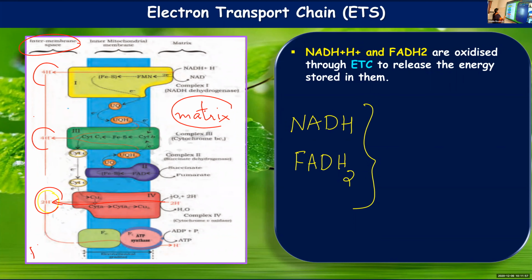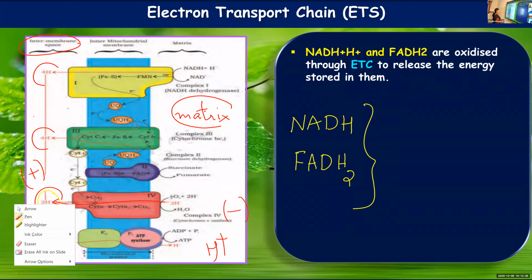There will be more concentration of protons or hydrogen ions in the intermembrane space than found in the matrix. So this difference will result in the creation of a positive charge here in the intermembrane space and negative charge in the matrix. You want me to repeat again?